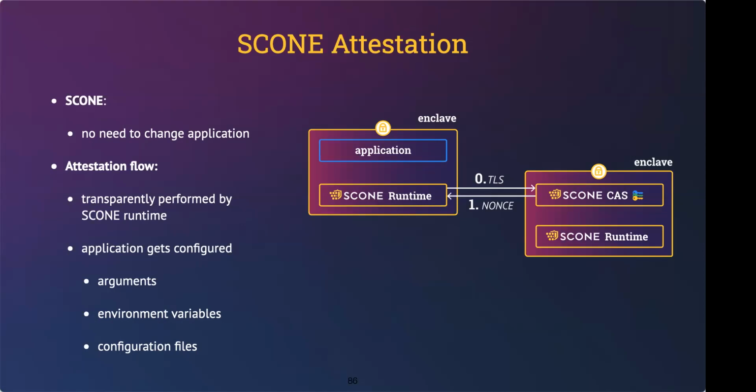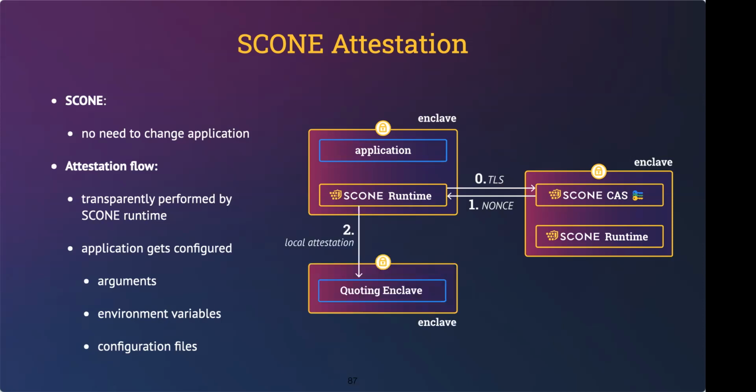But since it's so nice, let me focus anyhow on the different steps. What you would typically do for the attestation is that the SCONE runtime starts up in an enclave and connects to the CAS via TLS. It gets back a nonce, a one-time password or key. Then it performs something called local attestation, with the quoting enclave.